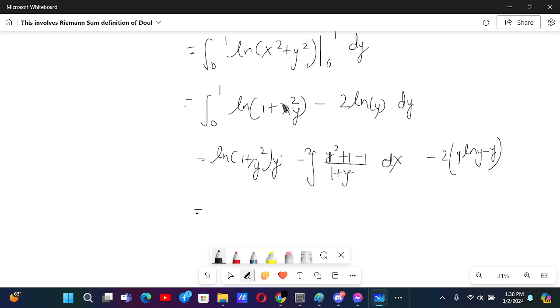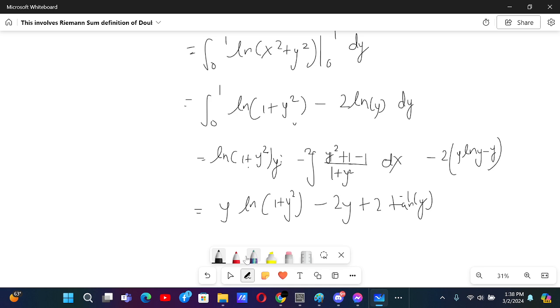That gives me y ln of 1 plus y square, minus 2y plus 2 tan inverse y, minus 2y ln y plus 2y. This from 0 to 1.